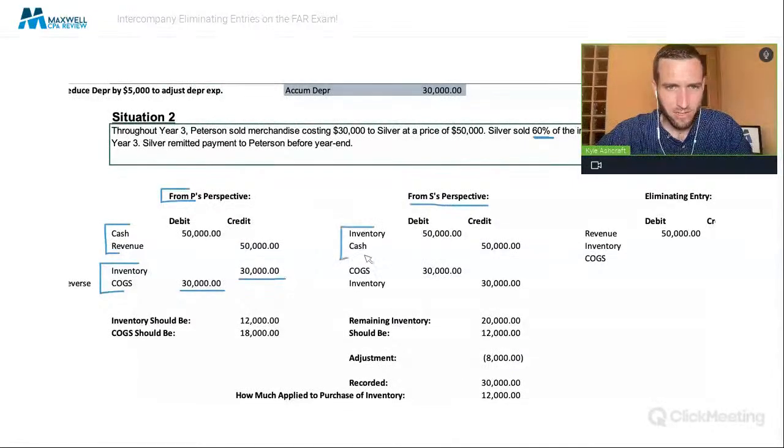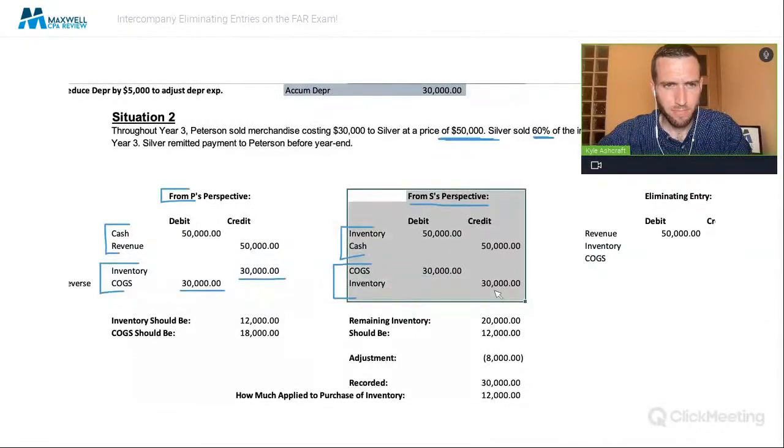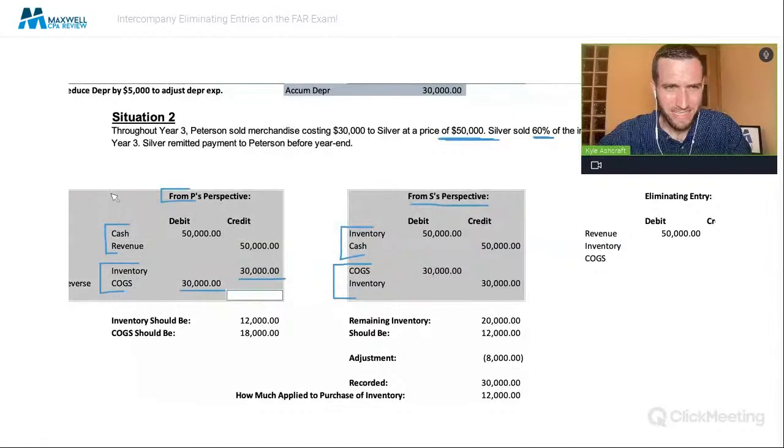They buy $50,000 of inventory, so we have to debit that, credit cash. And then they sell 60% of it, so they would be recording cost of goods sold for this 60% of 50,000. So that's how they're recording it there. Any questions about these entries before we eliminate them? I imagine it's pretty straightforward, no?